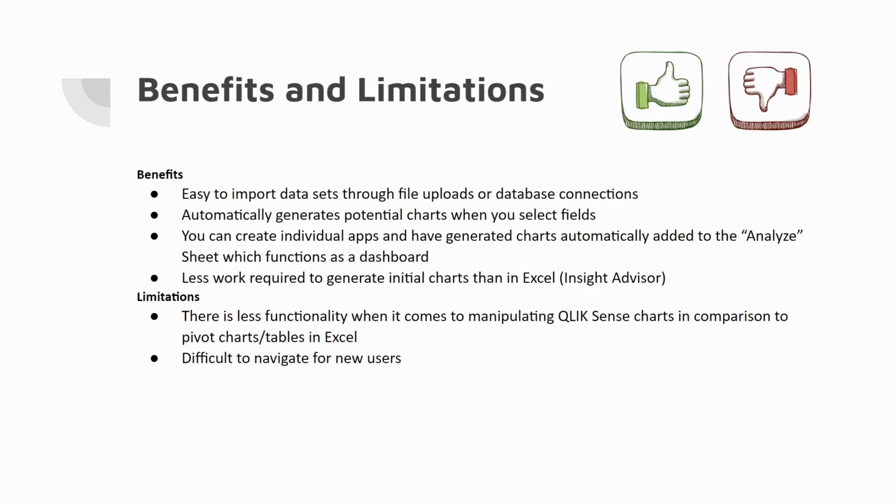It's also going to automatically generate a lot of potential charts with their advanced AI system, which is nice because when you select that field and you just want to get some quick insight on it, AI is going to help you there. It's going to get quicker turnaround when someone gives you a new data set that you're trying to analyze. You can really separate your data and create these individual apps that are going to hone in on parts of the data or anything else you might want to analyze in individual spots that you want to keep separate from each other.